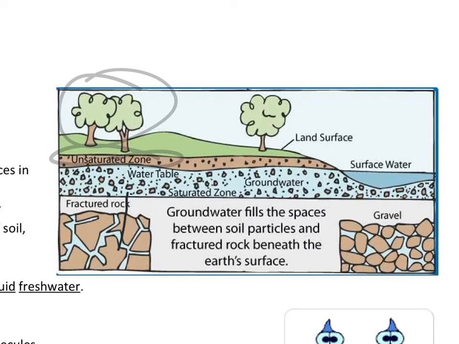However, if you drop that towel in the bathtub, or in the pool, and it soaks up all the water to the point that water's dripping out of it, that would be saturated. So I want you thinking saturated: there's no more room to hold water, everything's filled. But unsaturated, or zone of aeration, means that you haven't hit that saturation level. So it could be dry, it could have a little bit of water, but it's not going to have that level of water that you would think of if you wanted to wring something out.